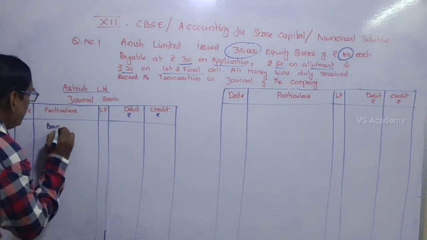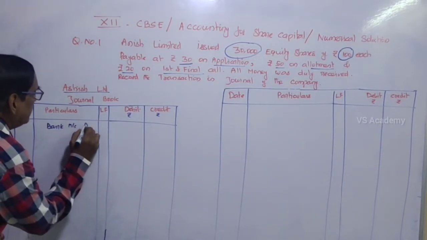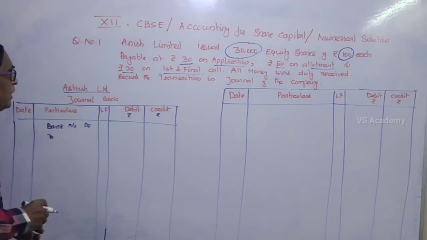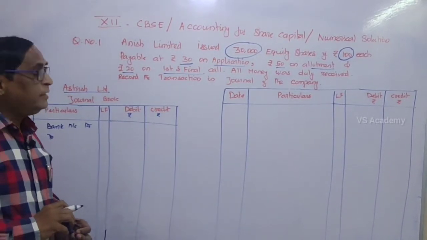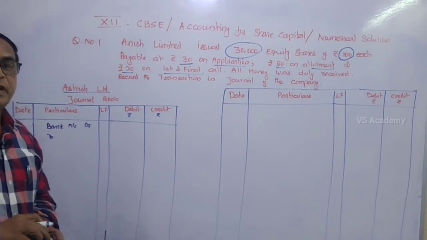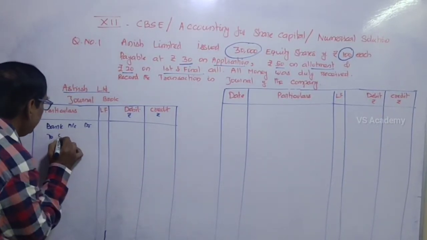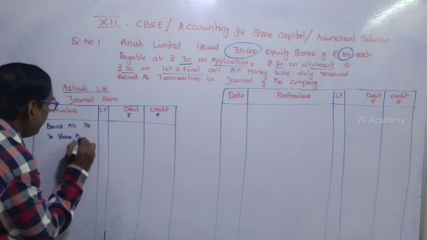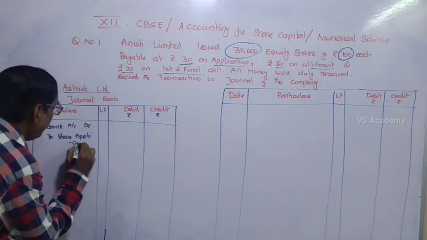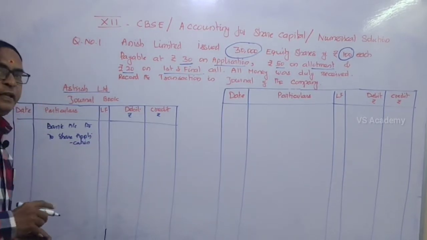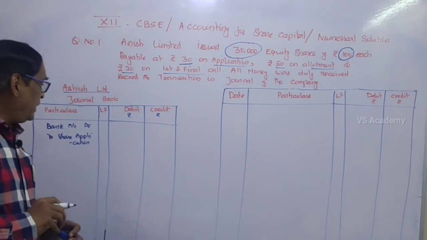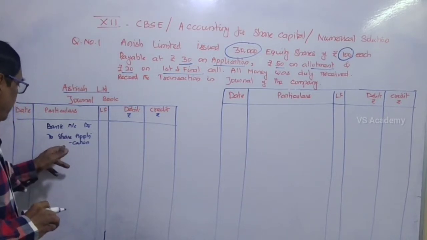Bank account debit, towards what we are receiving that amount? Share application money. Why are we crediting share application money? Because it is a liability, and all liabilities must be credited. So bank account debit to share application.